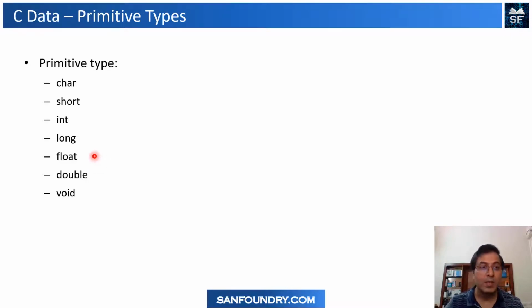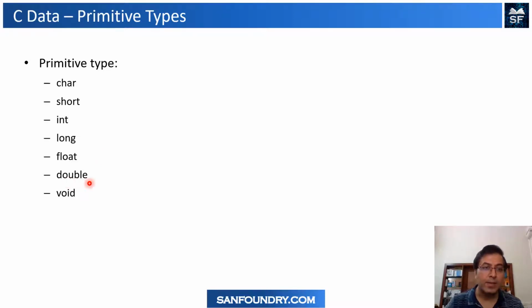So there was a requirement to store real numbers. So we have floating point, just for real numbers where you have a lot of fractional values. So the float data type was created to store 4 bytes of information.